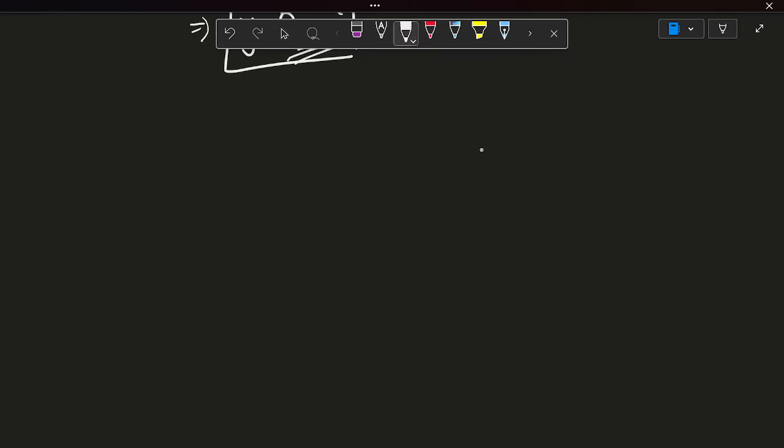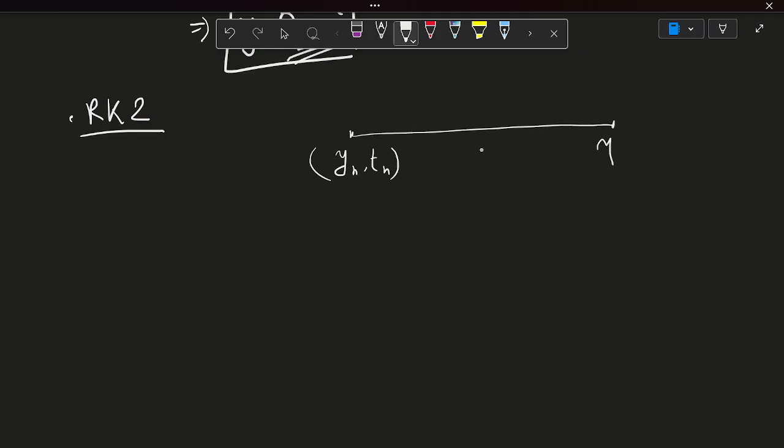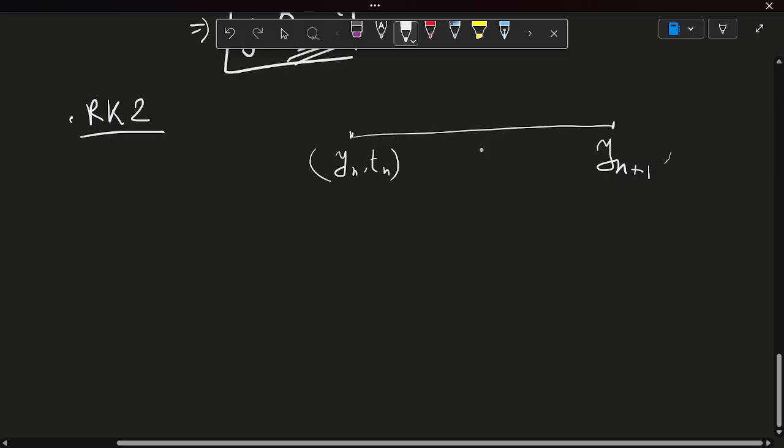But for the RK2 method, you will look at the values at an intermediate point also. So for example, if this is your yn, tn, the value at the nth time step, and you want to know the value at yn plus 1, let n plus 1 be our step number, and here you will write tn plus 1.